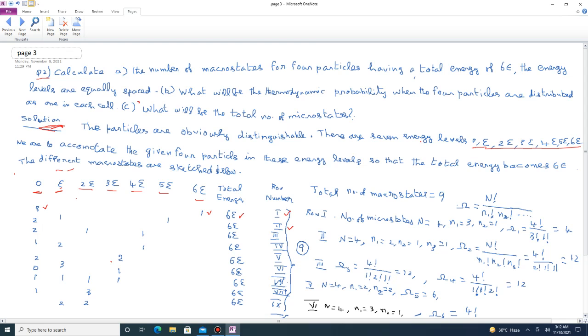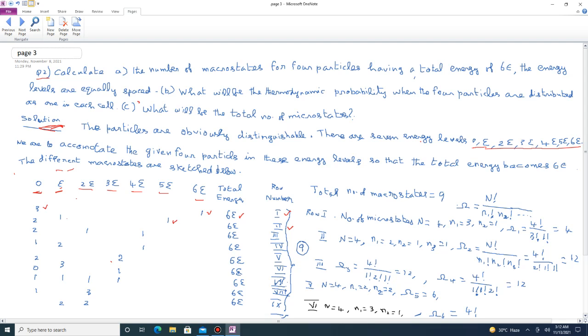Here you see there are 2 particles with the energy 0, 1 particle with the energy E, and 1 particle with the energy 5E.